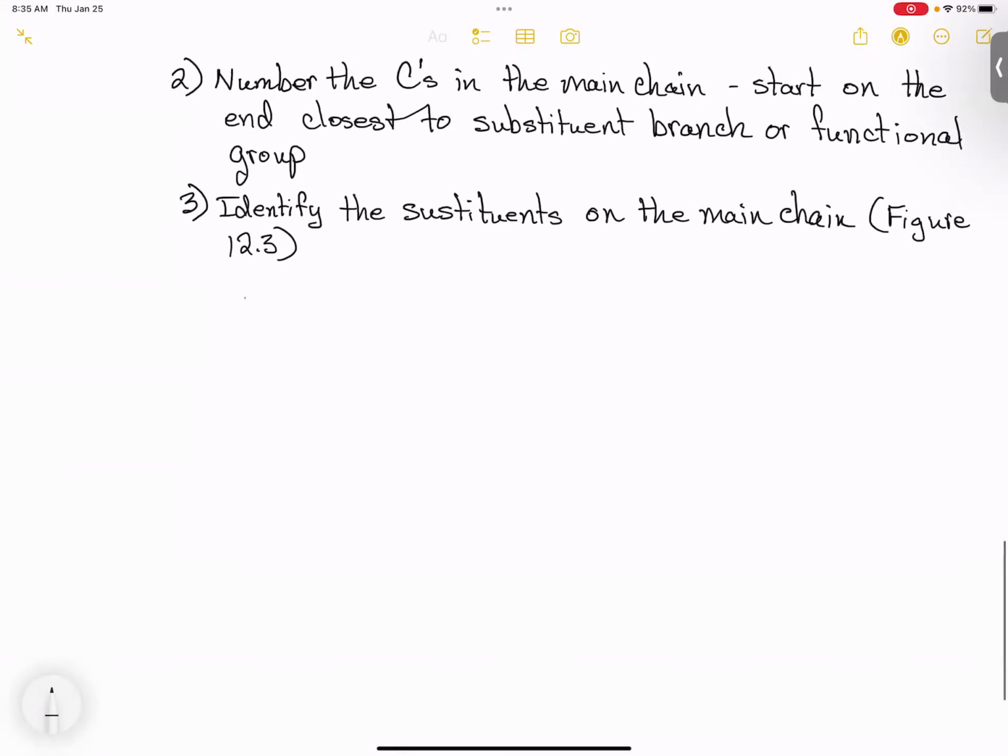So the very first one is a CH3 group attached to a chain. I'm going to use a squiggly line to represent what it's attached to. This is called a methyl group because that's what it comes from, methane, and methane was a single carbon.